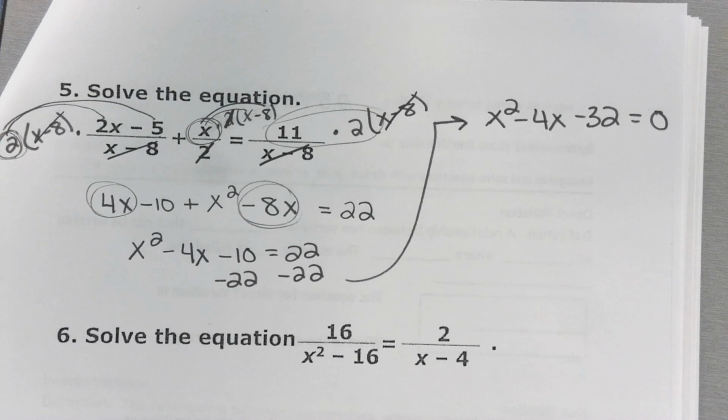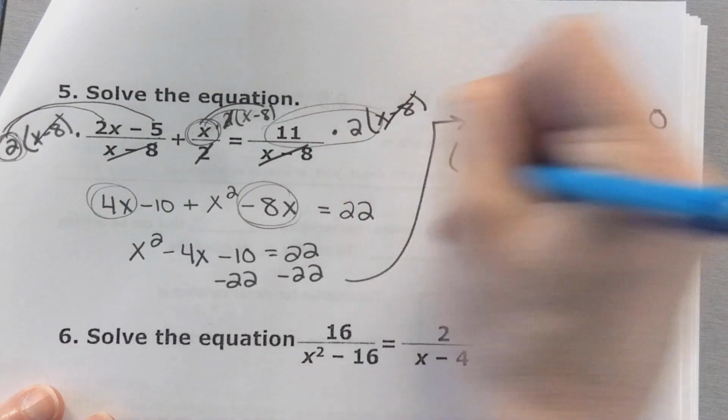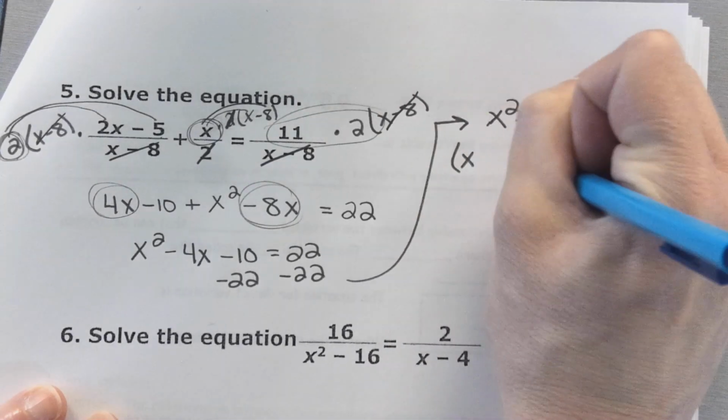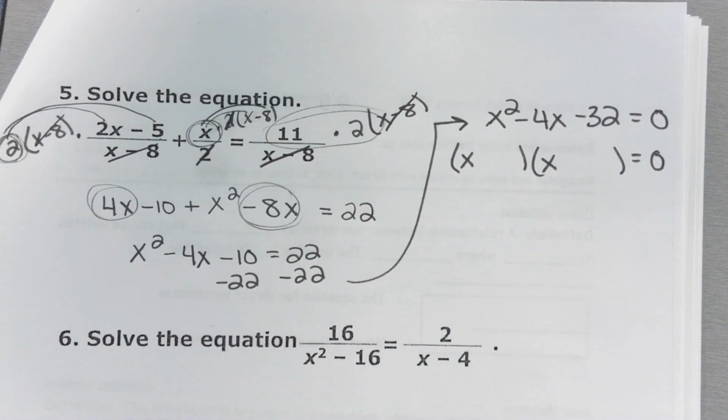All right, so we have choices. Let's factor and solve. Again, if you want to use the quadratic formula, you can. X times x is x squared. What two numbers multiply to negative 32, but then add or subtract to negative 4? 8 and what? 8 and 4.